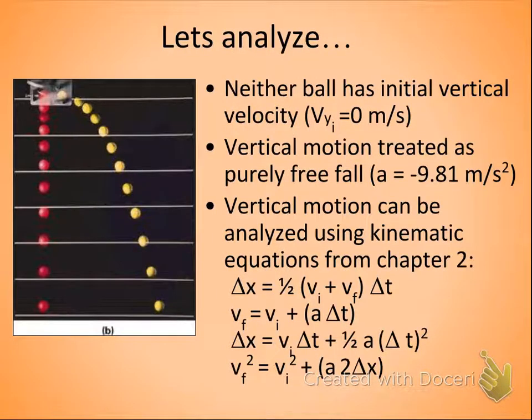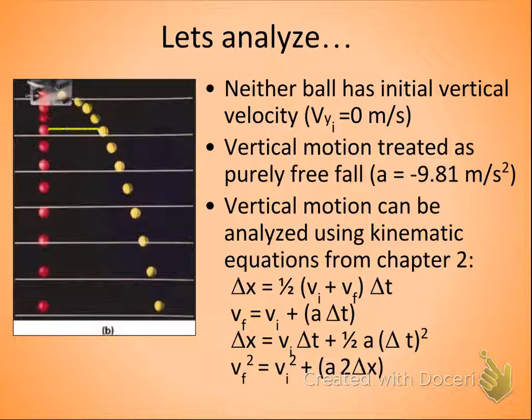Okay, so let's look at two balls falling. The red ball is falling straight down. It's a standard free fall problem like you've done, while the yellow ball has some initial velocity on the x-axis. It's important to note that neither ball has an initial vertical velocity. In other words, V_iy is equal to 0 meters per second in both cases. Their vertical motion is just free fall with an acceleration of negative 9.81 meters per second squared.